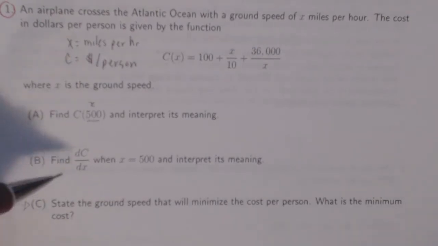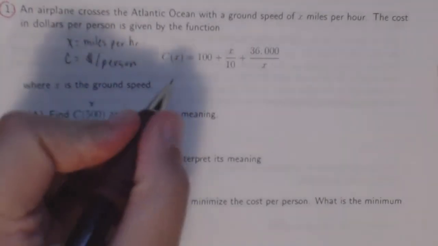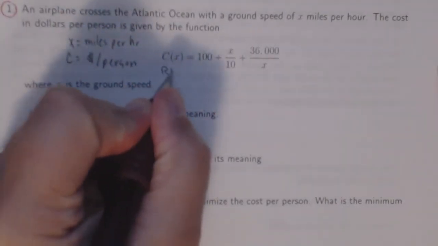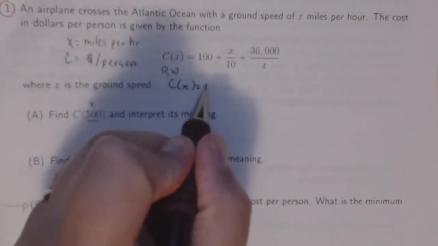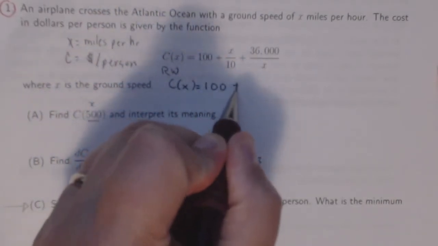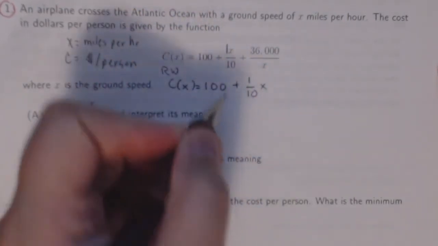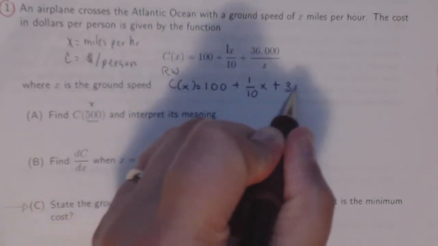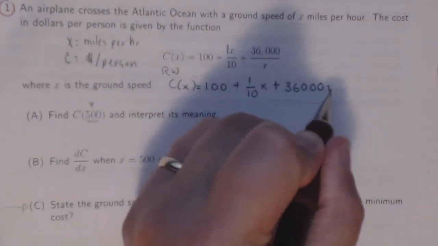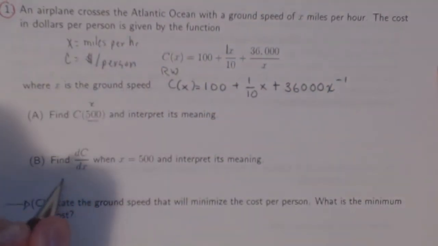Okay, so before we can find the derivative, there's a little bit of rewriting we can do here. If we rewrite C of x as 100 plus 1/10 times x, because there's an understood 1 here, and then 1/10 is the coefficient, plus 36,000 x to the negative 1, we can now take the derivative.